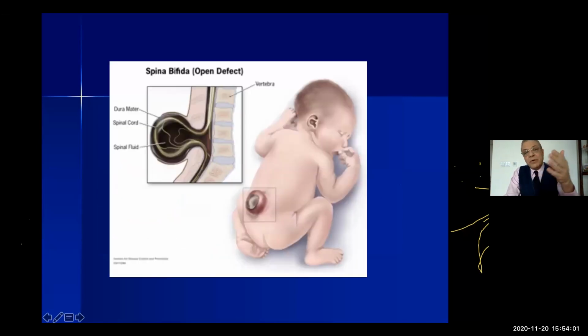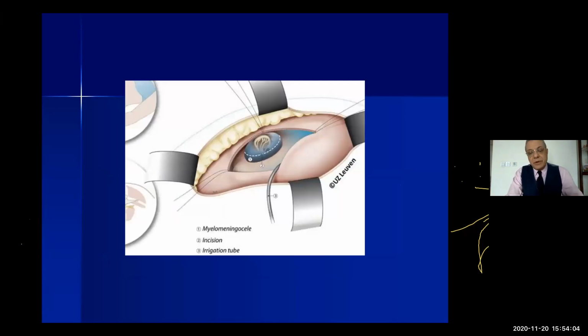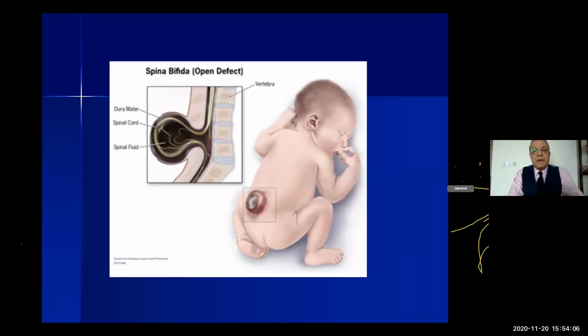So how does it look? It actually looks like that. When we see it, we will definitely see abnormal skin, and even part of this skin looks very thin. We call it zona epitheliosa, and it's very critical when we have a baby born with this swelling of myelomeningocele.